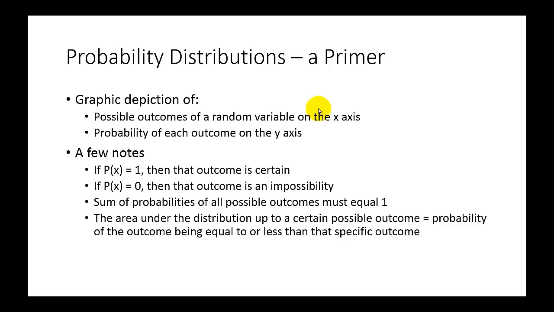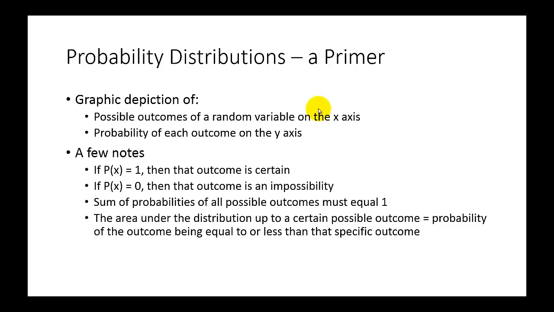So if we actually did draw a probability distribution for the number of points that BYU scores in a game, then if you took the area of the graph up to 70, the area under the graph would tell you the probability of BYU scoring 70 points or fewer. The area to the right of that would tell you the probability of BYU scoring more points than that.